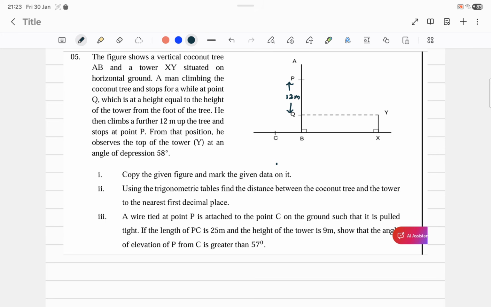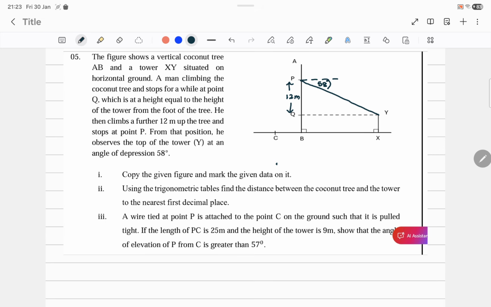From that position, he observes the top of the tower Y at an angle of depression 58 degrees. So let's mark that also. So the person observes the top of the tower Y at an angle of depression 58. So this is 58.